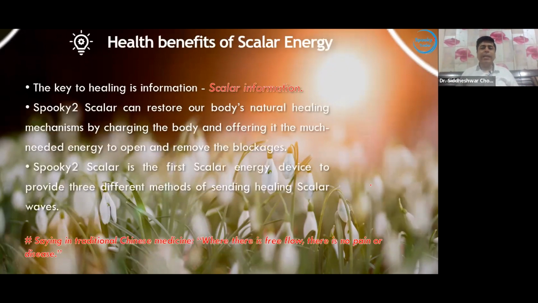the key to healing is information, or we can say the scalar information. So scalar field enhances cellular communication, and at the same time we can also add some XYZ materials to the scalar field and get the curative or therapeutic effects of that in our body that we learned today.